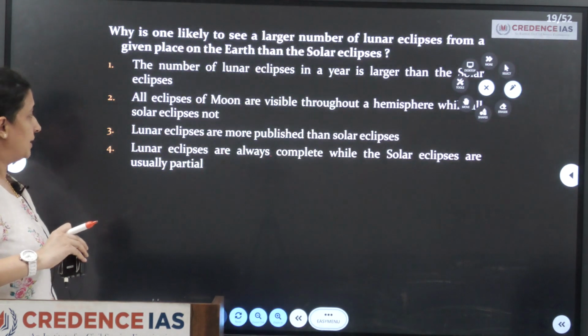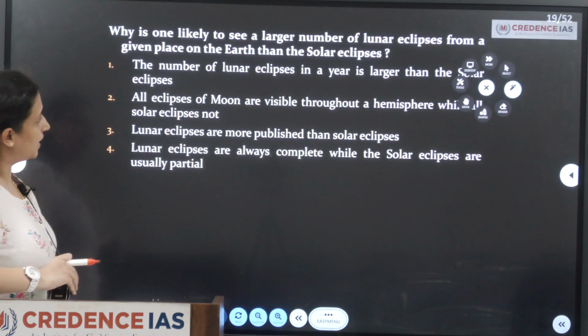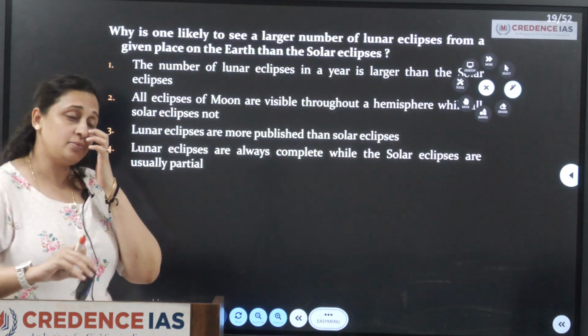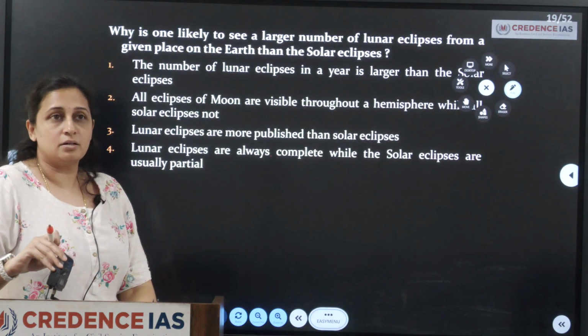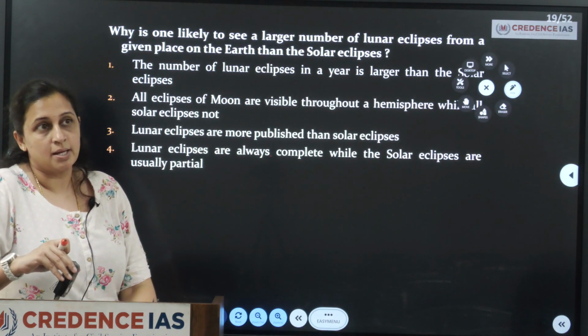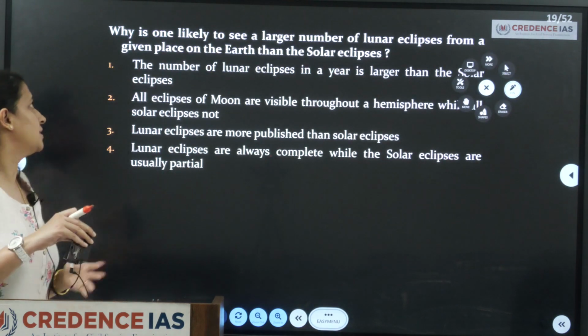Why is one likely to see a larger number of lunar eclipses from a given place on Earth than solar eclipses? We all know that in a year we usually witness more lunar eclipses than solar eclipses, be it partial or full solar eclipse. Why is that so?